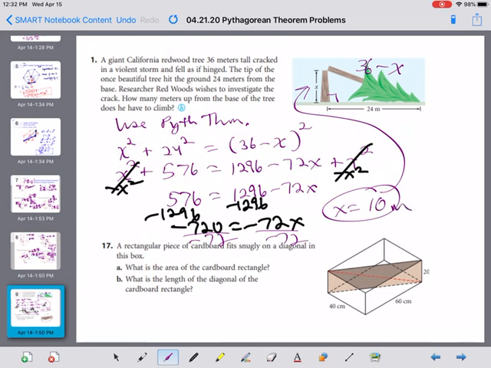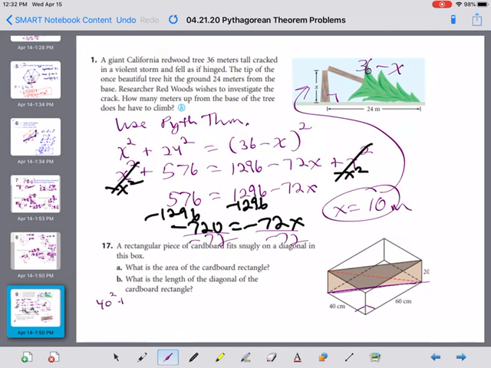So number 17 is kind of like the stick in the box problem. So we have, well, first we're going to find the area of this cardboard rectangle. So you need base times height. So we need to know this base. So let's use Pythagorean theorem on the bottom here.